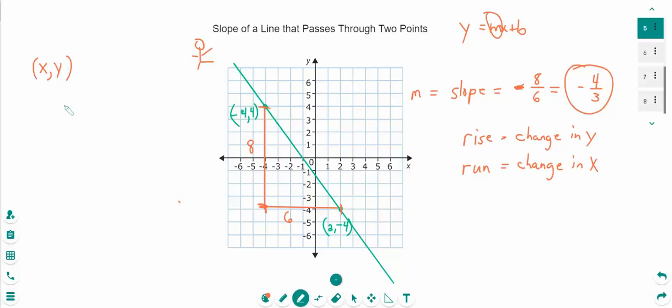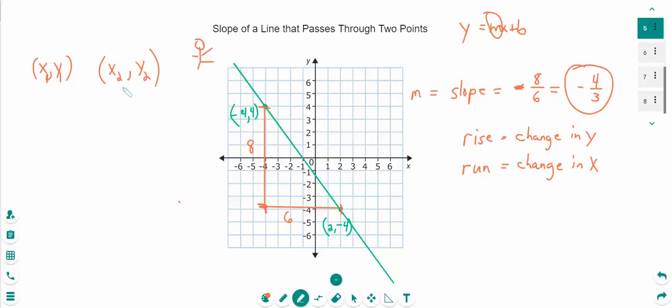All right? But if our first point has an x and a y, I'm going to call this x sub 1 and y sub 1. And then our second point is going to be x sub 2 and y sub 2. This is just so we can differentiate between the first and the second point.